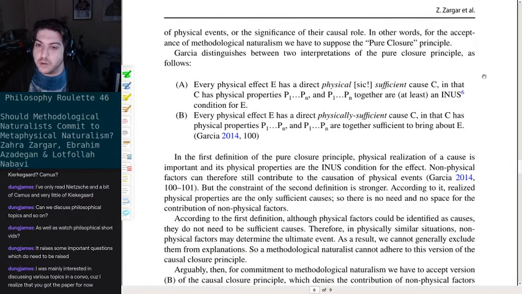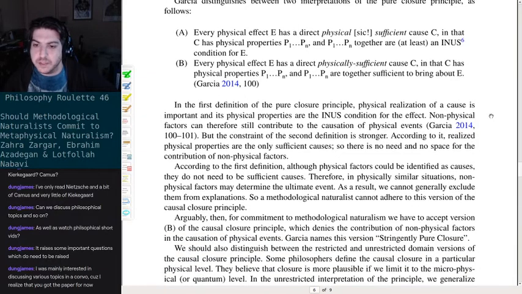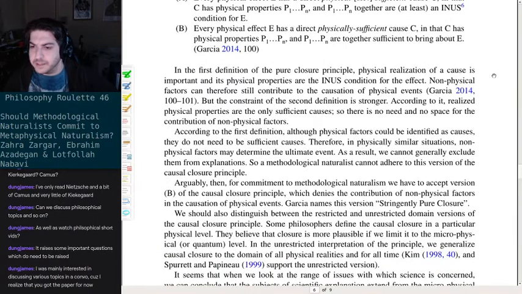A: Every physical effect E has a direct physically sufficient cause C in that C has physical properties P1 to Pn, and P1 to Pn together are at least an insufficient but non-redundant part of an unnecessary but sufficient condition for E. And B: every physical effect E has a direct physically sufficient cause C such that C has physical properties P1 to Pn, and P1 to Pn are together sufficient to bring about E. In the first definition of the pure closure principle, physical realization of a cause is important as physical properties are the INUS condition for the effect, whatever INUS must mean.